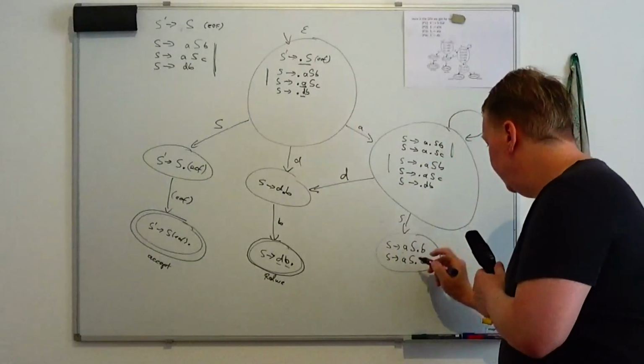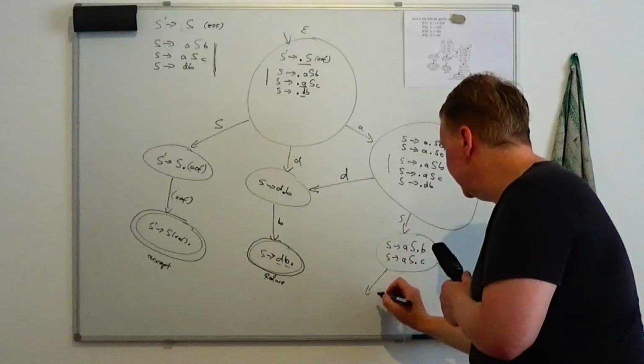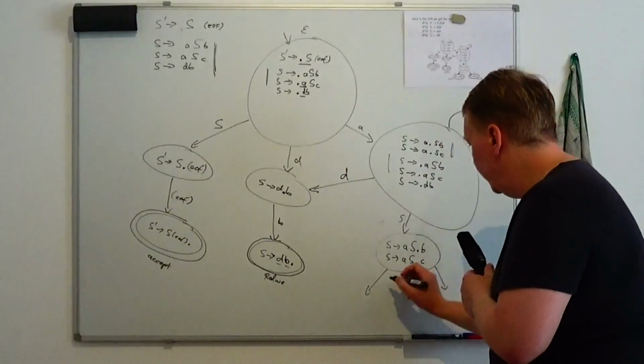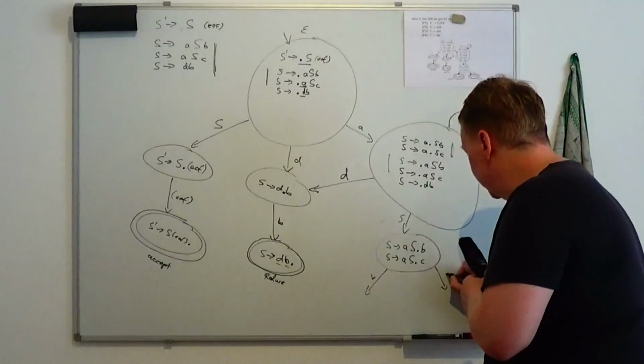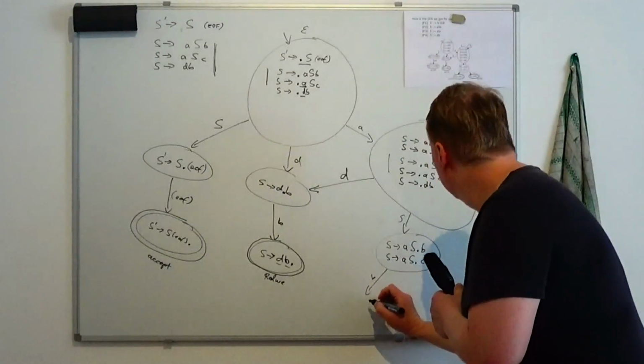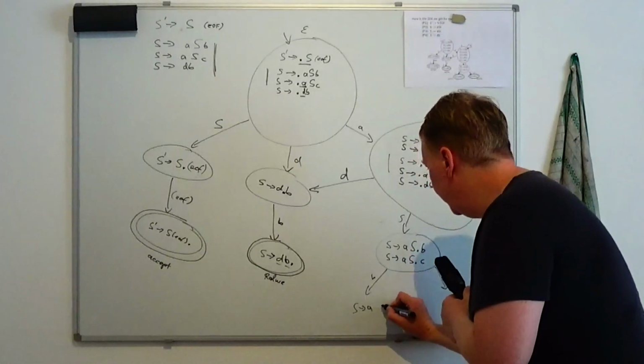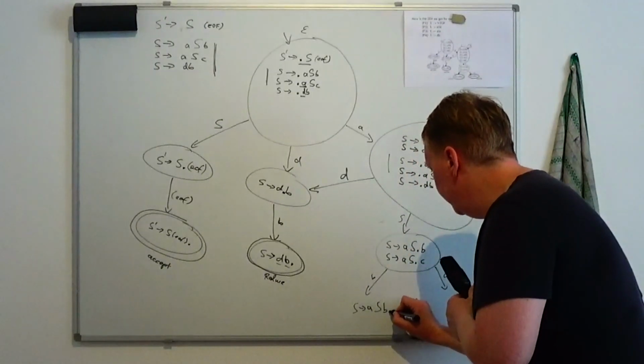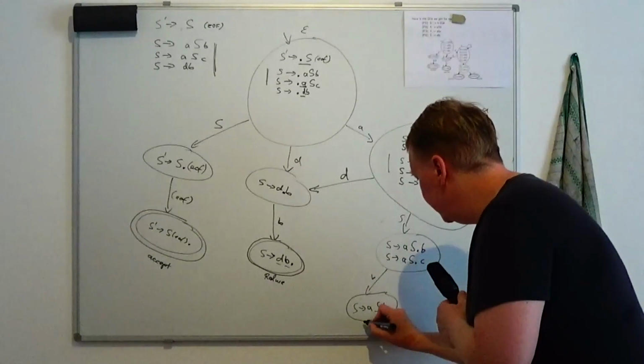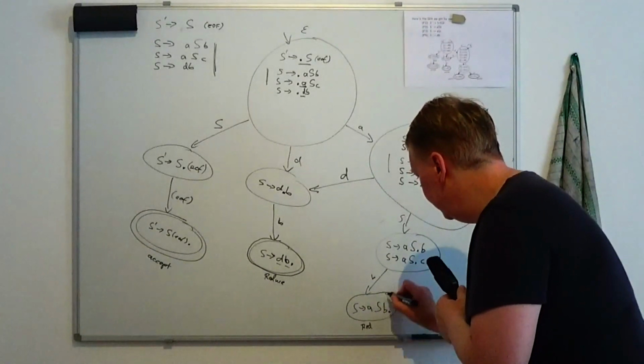And from here we don't have many options. We can either get a B or a C, and in that case we have S goes to A S B point. That's another reduce information.